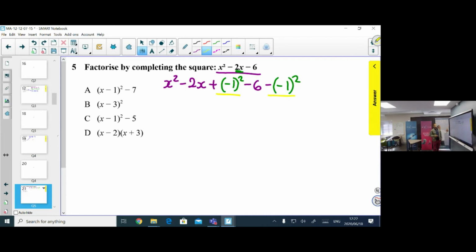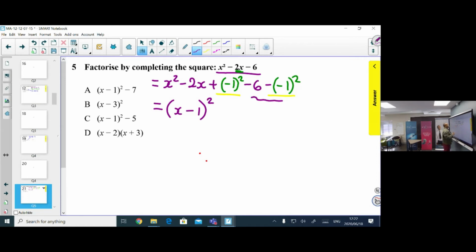So our expression is still the same. It hasn't changed. The moment you are there, you are 80% done. You simply put a bracket, x, and then that minus 1 squared, and then the rest of it you simplify.